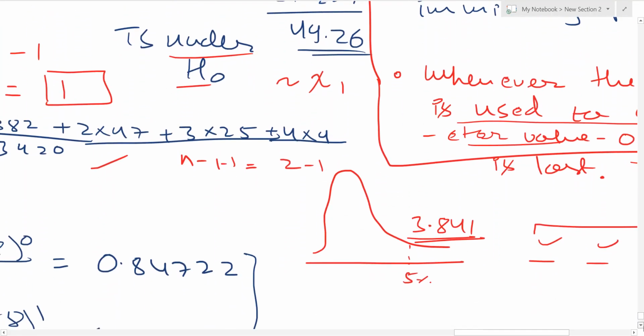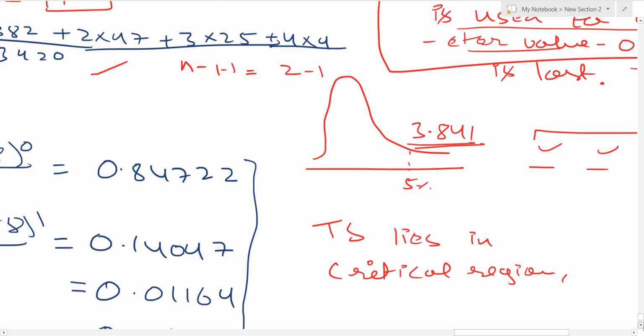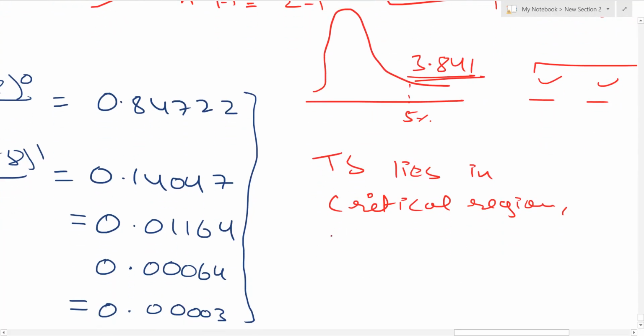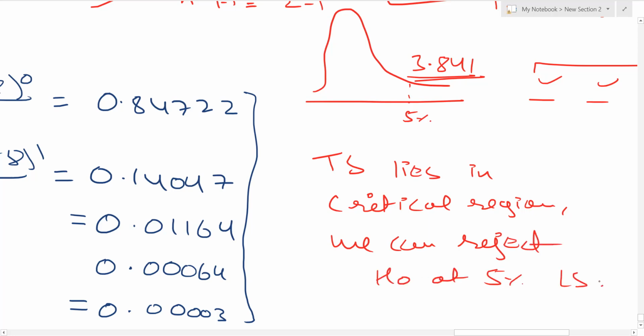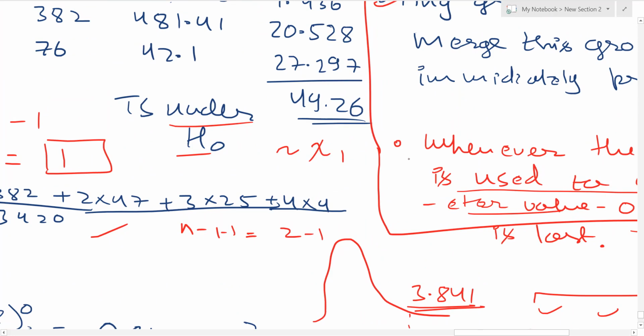So I can say the test statistic lies in the critical region, which means we can reject H naught at 5% level of significance. So the data doesn't conform to the Poisson distribution. That's our conclusion.